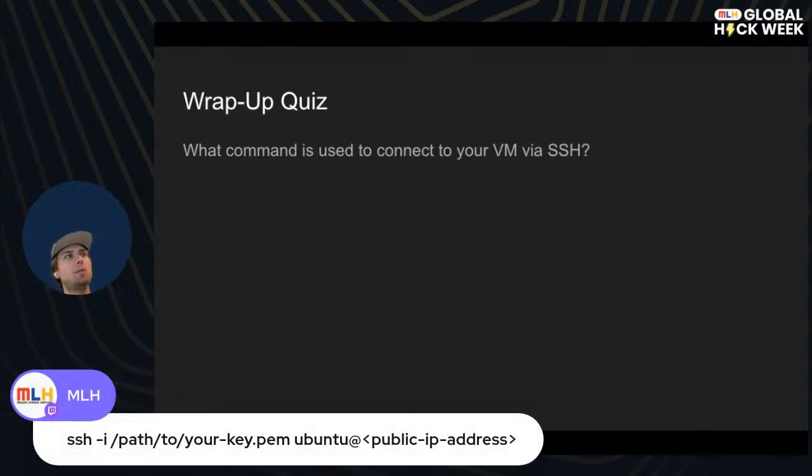So you use your private key, and you use your IP address of the place you're trying to connect. And remember, for this to work, SSH has to be allowed on your firewall. So if you want, you can make your VM not permit that. And if you were to choose that option, you would not be able to SSH. But you can always connect through the console on AWS itself.